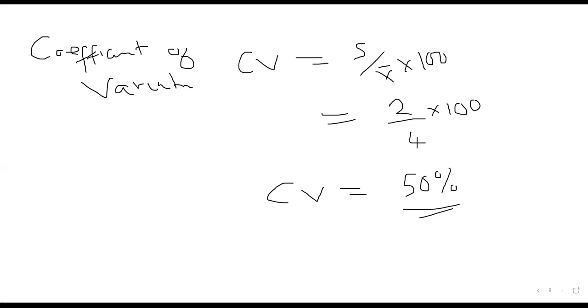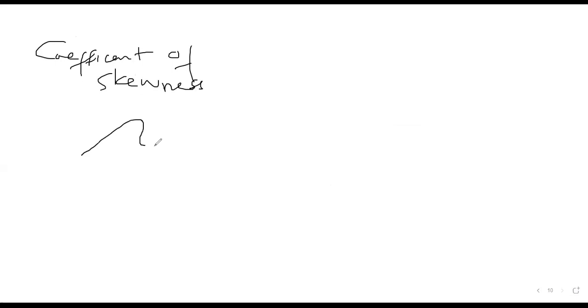Then we can also find our coefficient of skewness. Skewness just tells you the bending, whether it's bending to the right or it's bending to the left. So the formula is 3 times x bar minus median over what? Over standard deviation.